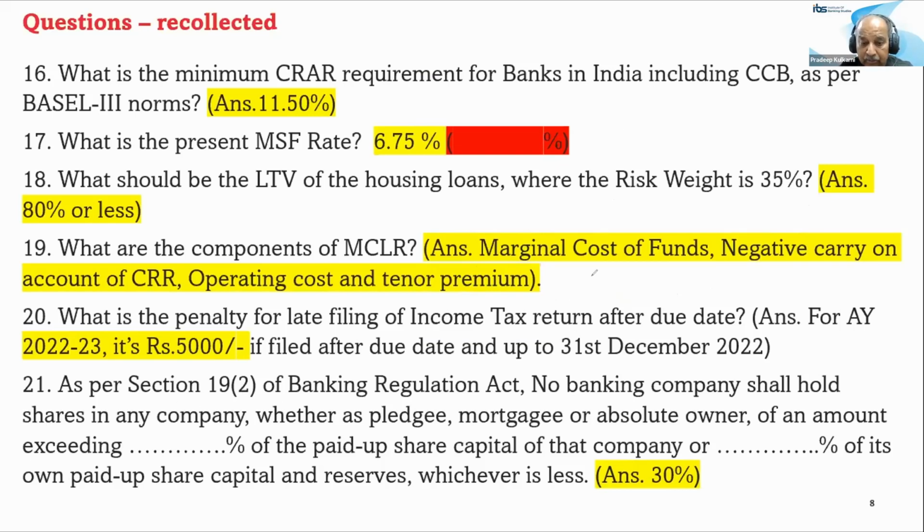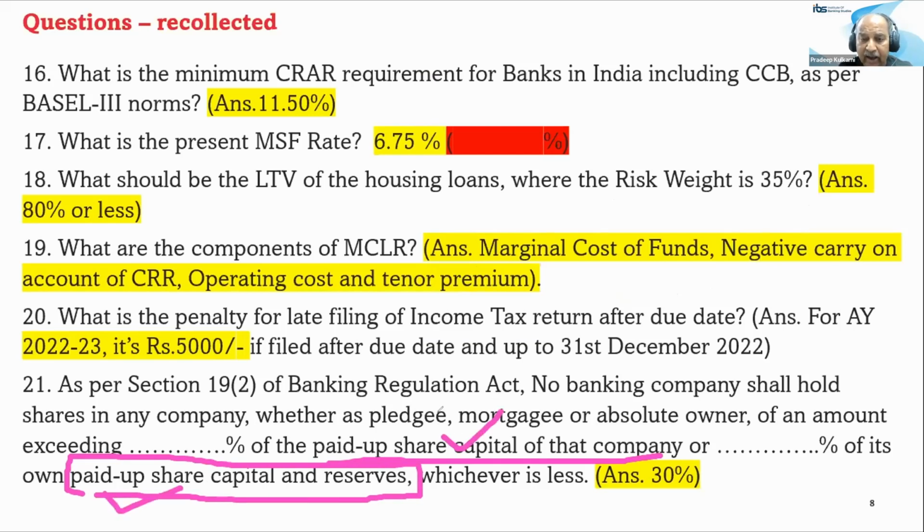You need to remember this important aspect: paid up share capital and reserves in the case of a bank, whereas for companies only paid up capital, 30%. That is the way you please remember it. 30% is common, whichever is less. Now, next.